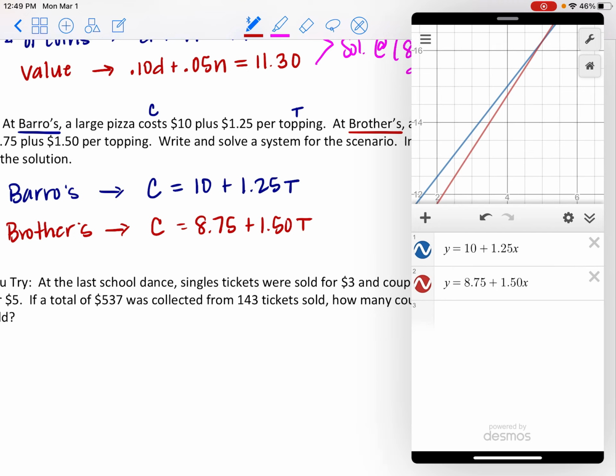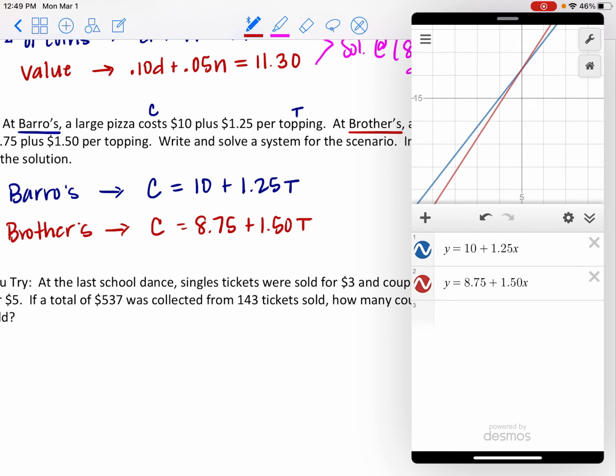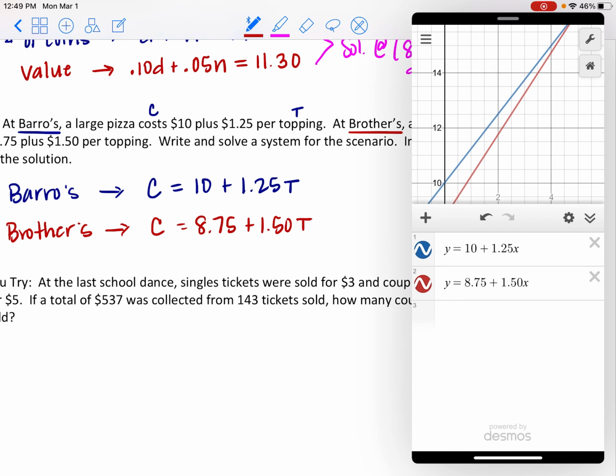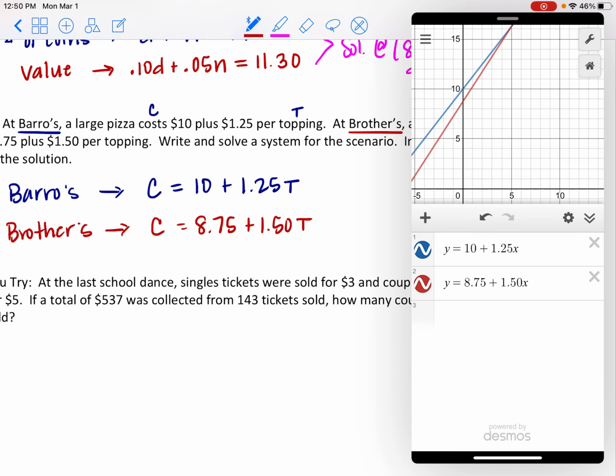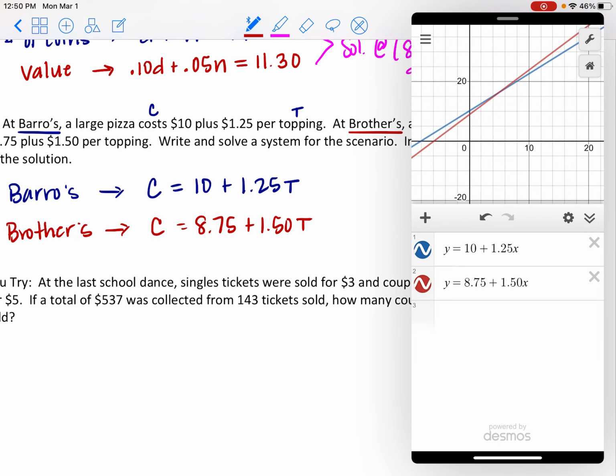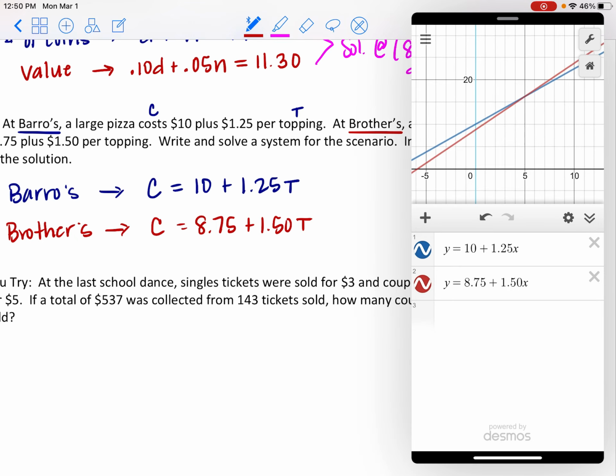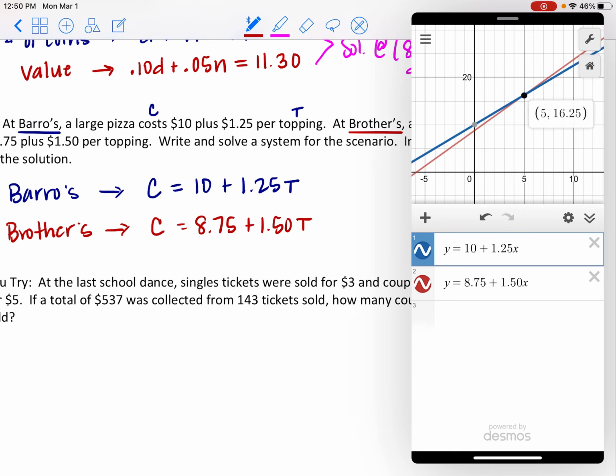Now, what's happening before those meet? Notice the Barrow's Pizza starts out, I'm trying to get this to all fit on the screen here nicely. That's good. Okay, so Barrow's starts out with a higher cost, but their cost per topping is cheaper. And then they intersect, right?